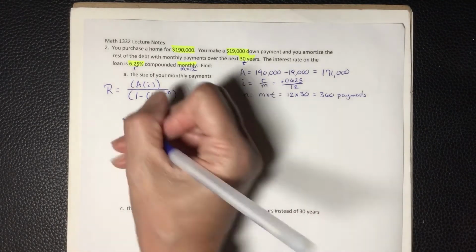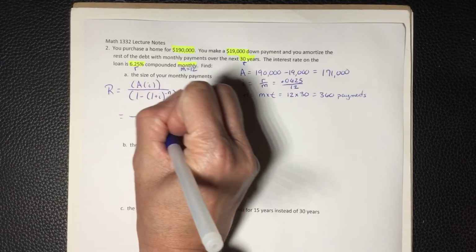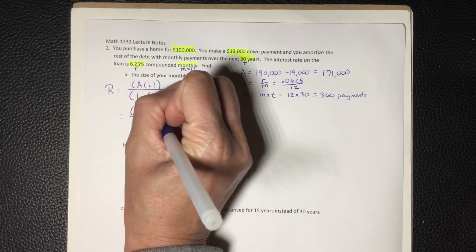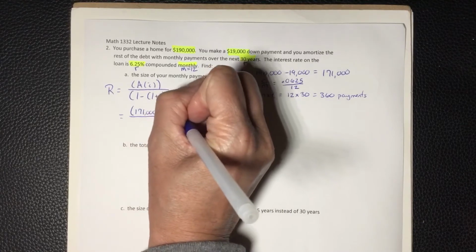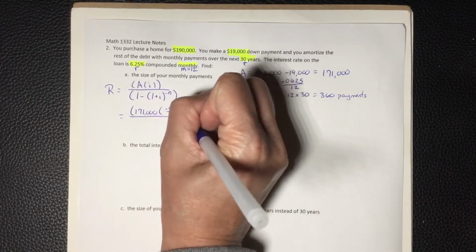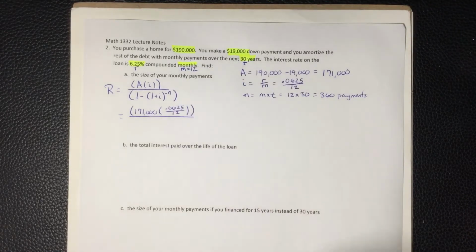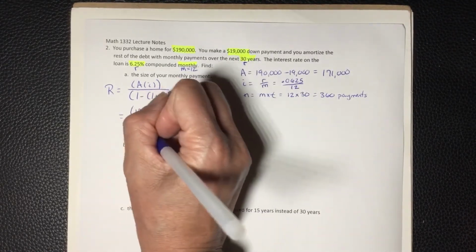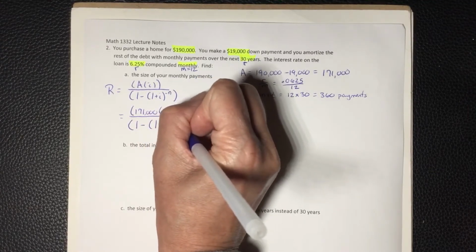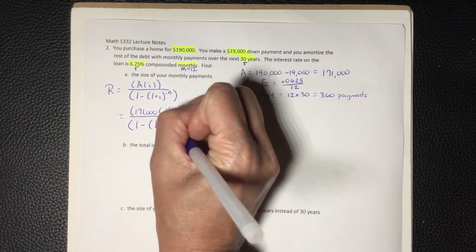All right, we're ready to plug all of this in. I want to take my 171,000 and multiply it by 0.0625 divided by 12. I'm going to close both of those parentheses. Parenthesis 1 minus, parenthesis 1 plus. I'm going to write i down again.